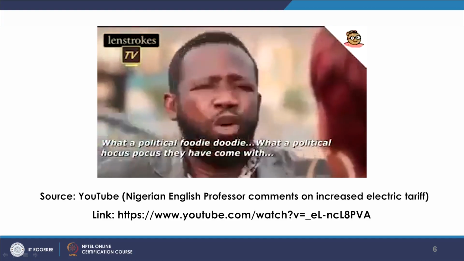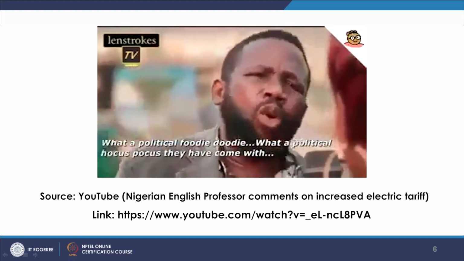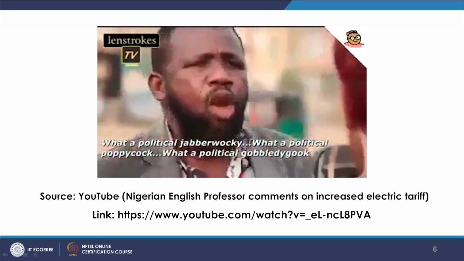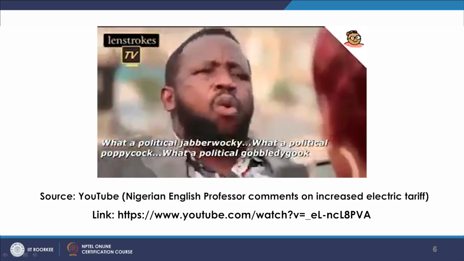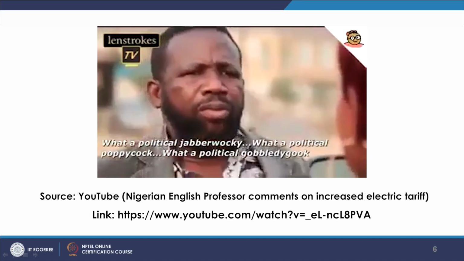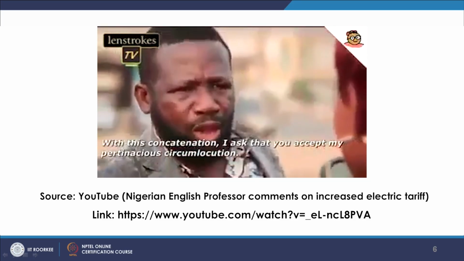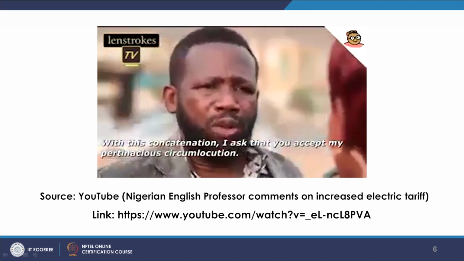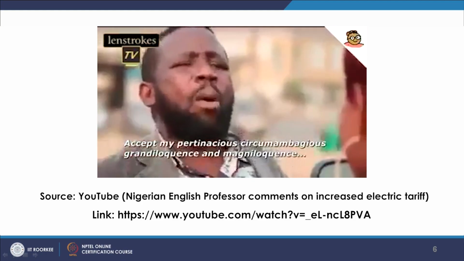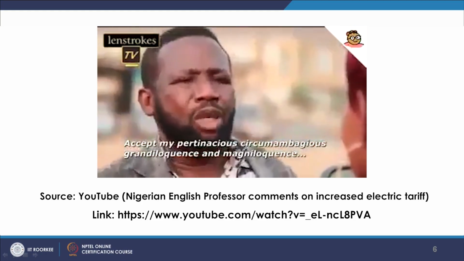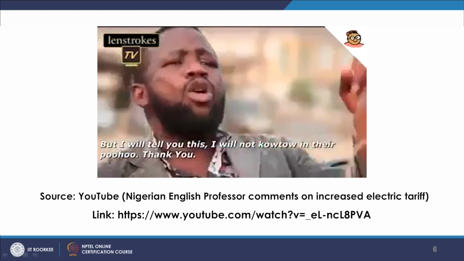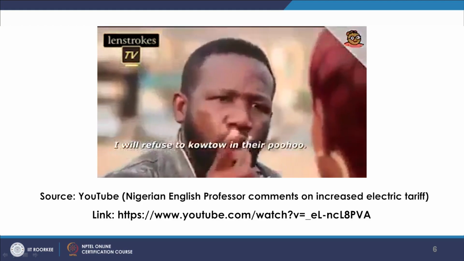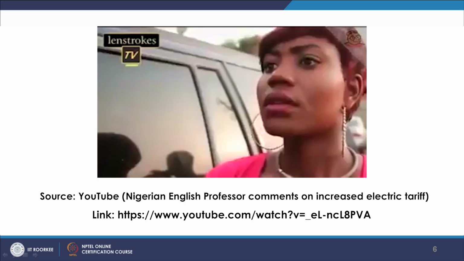What a political foodie-doody. What a political hocus-pocus they have come with. What a political jabberwocky. What a political poppycock. What a political gobbledygook. Sir, with this consternation, I ask that you accept my pertinacious circumlocution. Accept my pertinacious circumambagous, grandiloquence and magniloquence. But I will tell you this, I will not koto in Japoho. Thank you. I will refuse to koto in Japoho.